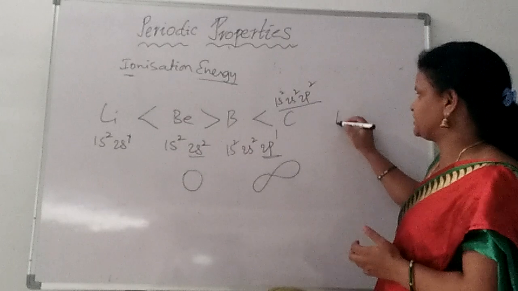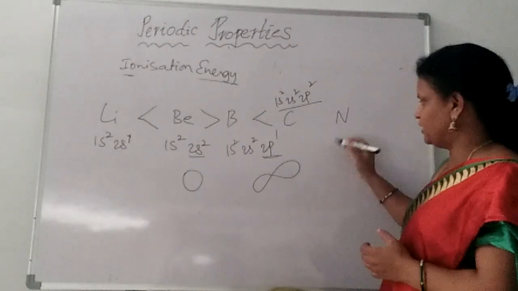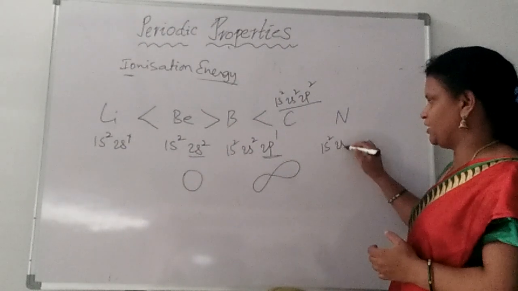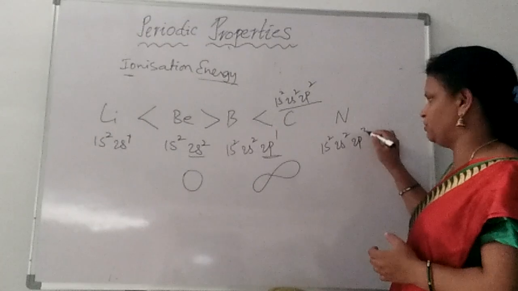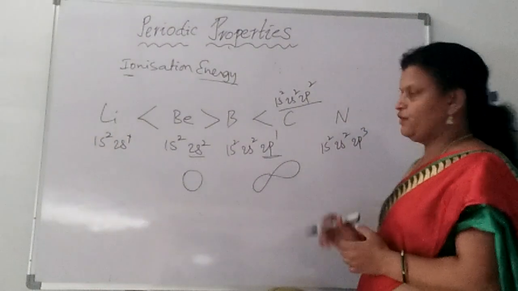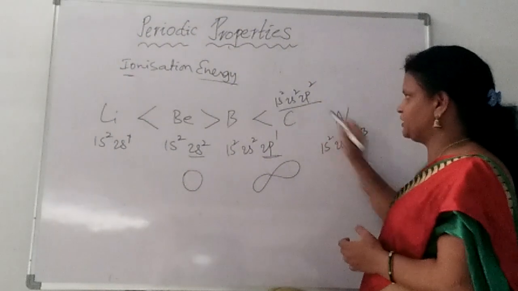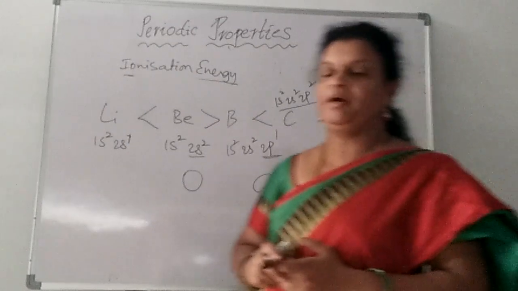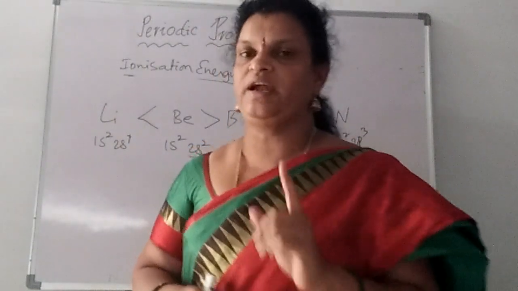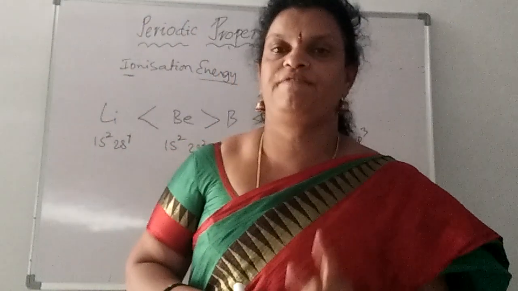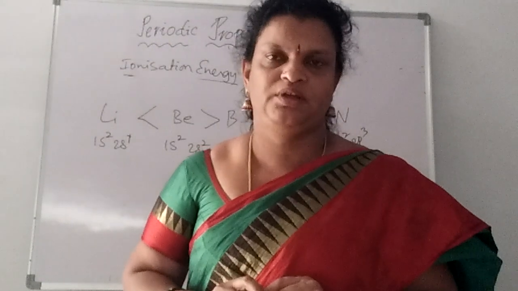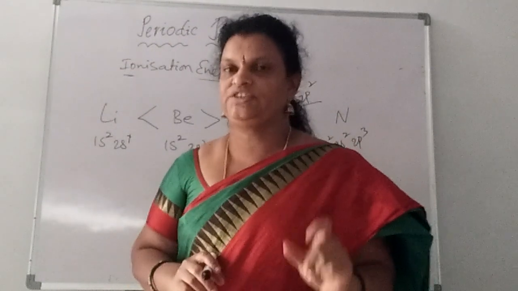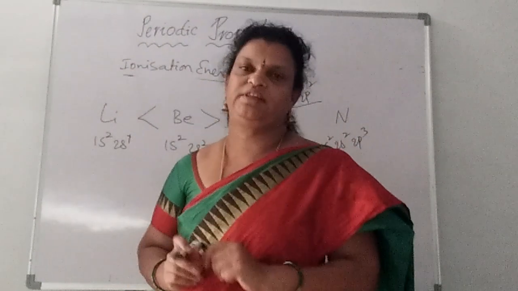Now coming to the next element, nitrogen. The electron configuration of nitrogen is 1s2, 2s2, 2p3. If you compare these two, both are in p orbitals. But one thing we have to see is that nitrogen has a half-filled electronic configuration. Half-filled configuration gives some stability to the element.